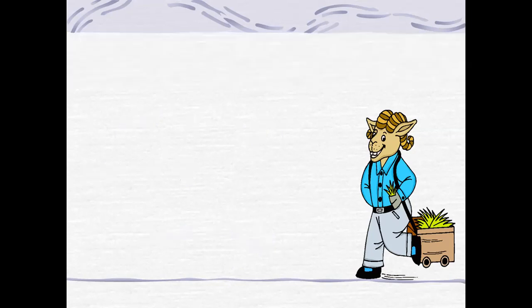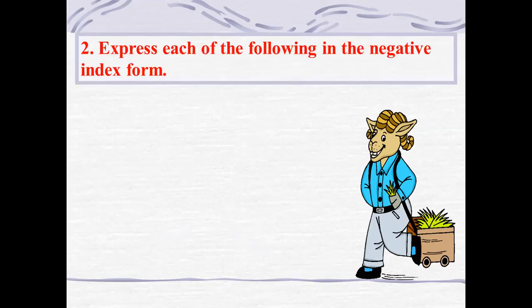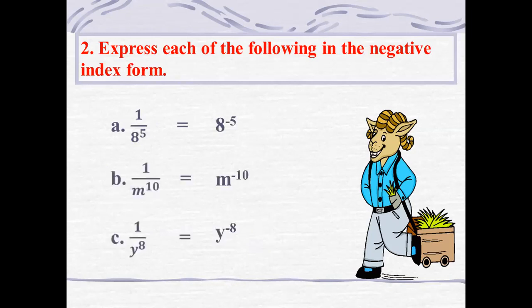Number 2, express each of the following in the negative index form. So you write the negative. 1 over 8 to the power of 5 is just the same as 8 to the power of negative 5. Okay, so you have there A, B, C, and the answer, because we have less than a minute.